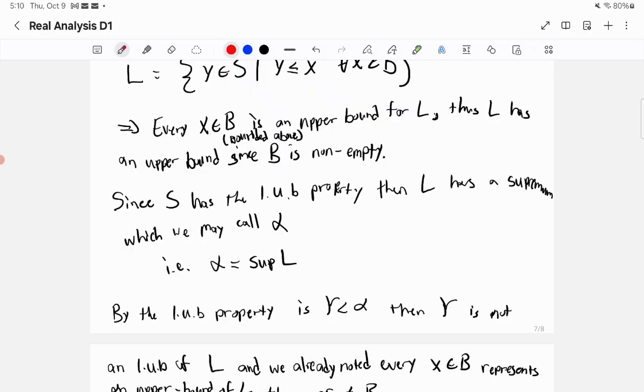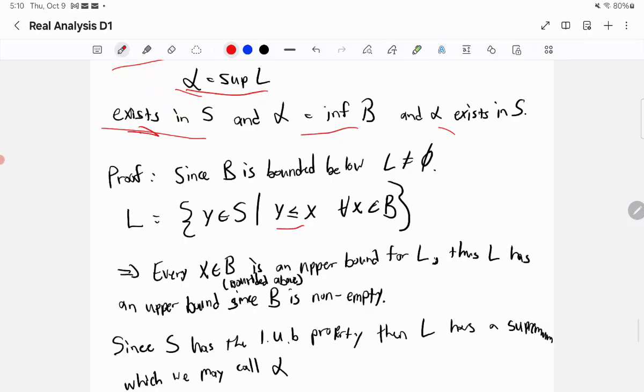Then every x in B is an upper bound for L. Well, yeah, that's kind of trivial to see, because every x in B is greater than every number in L, right? We've already established this.